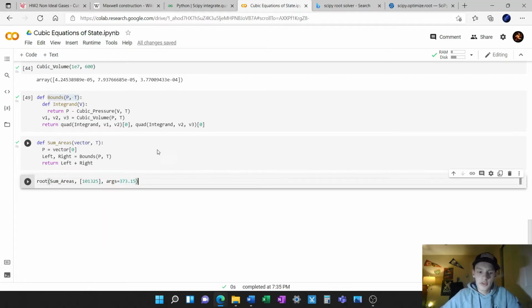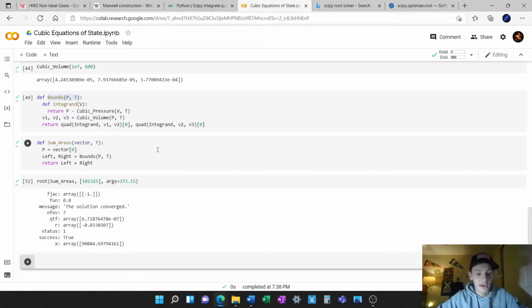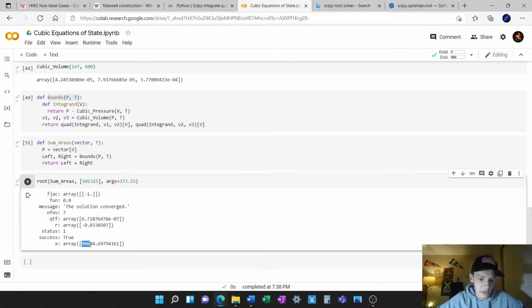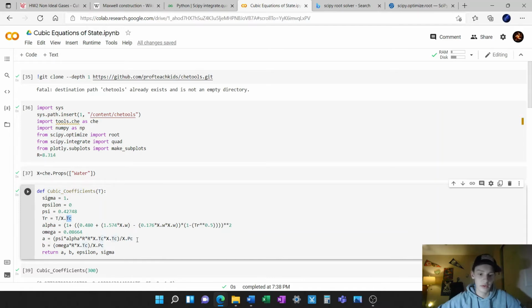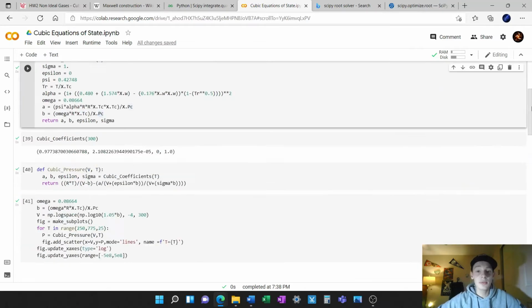Okay, so let's see what this gives us. I'm very curious. Okay, there we go. And we have this value down here. That is your pressure. Obviously you might be thinking, why isn't it actually 1 atmosphere? And the reason for that is you have to realize that everything in this notebook comes from the critical point, right? We have this critical temperature here, the critical pressure. Everything else we derived. So that's pretty impressive.